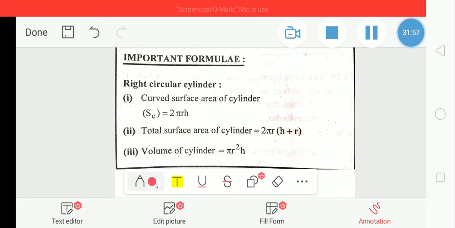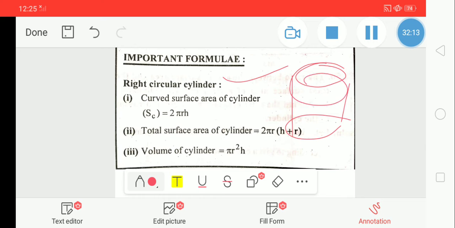So next we are finding also right circular cylinder. So in this right circular cylinder, curved surface area of cylinder means this outer body, that is 2 pi r h. h is the height of cylinder.